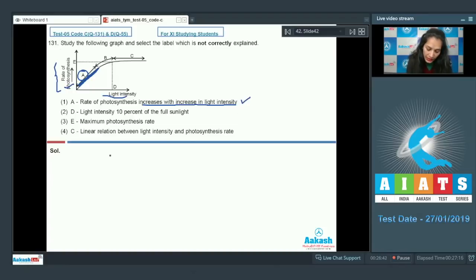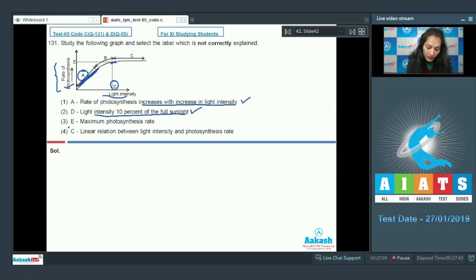So this is correct. D shows the light intensity at 10% of the full sunlight. Yes, D shows the light saturation at 10% of the total sunlight. This is the saturation point beyond which rate of photosynthesis is not increased even if you increase the light intensity.